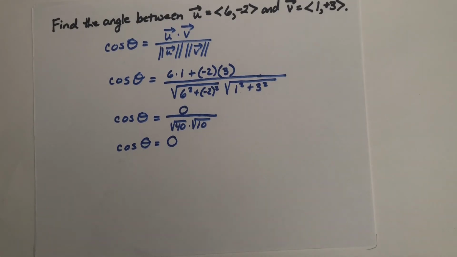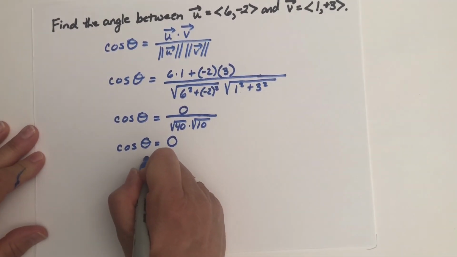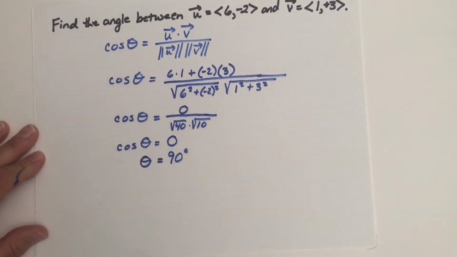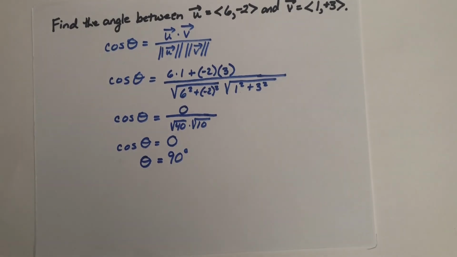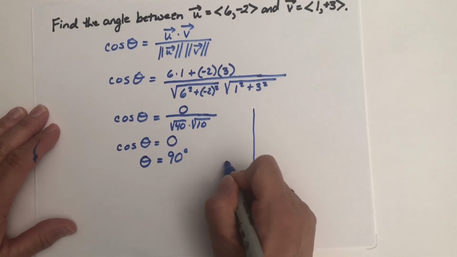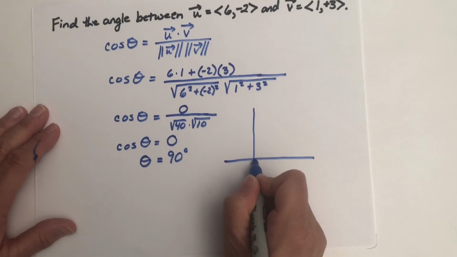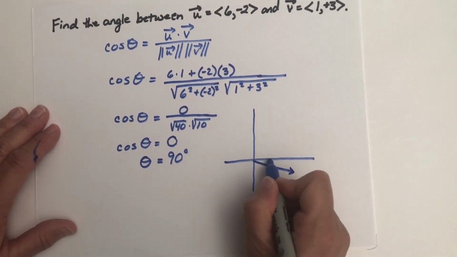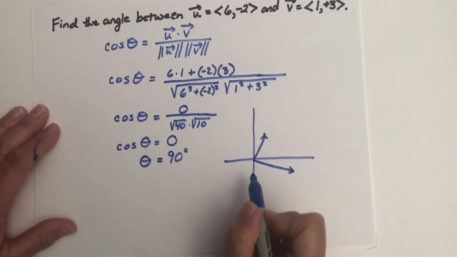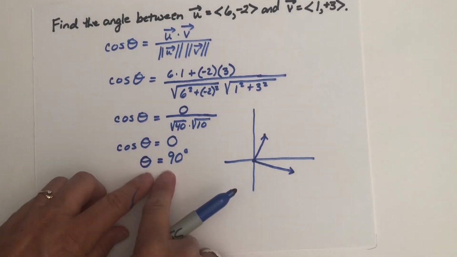We don't even need our calculator for this one. This is one that you should know. So we know that theta equals 90 degrees. If we put these two vectors together, 6, negative 2, about like that, and 1, 3, about like that, and put those initial points together, they would form a right angle.